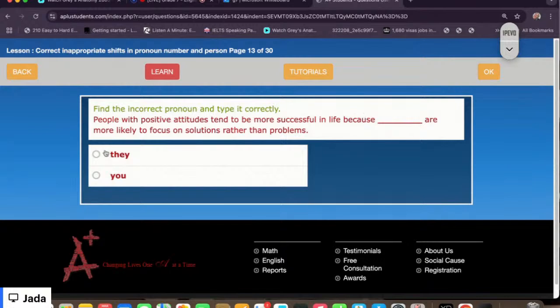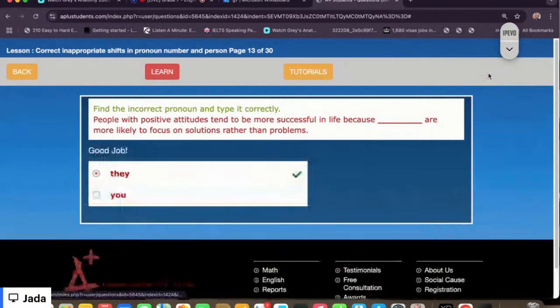Okay, so we have they are more likely to focus on solutions rather than problems.